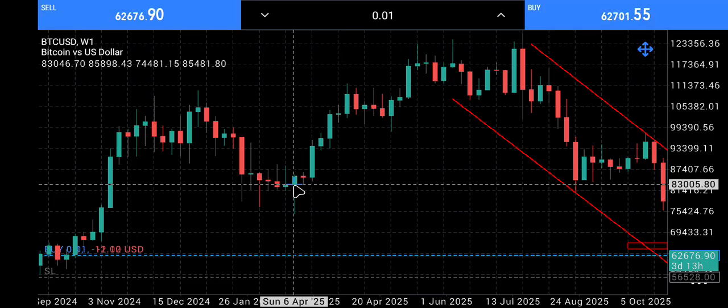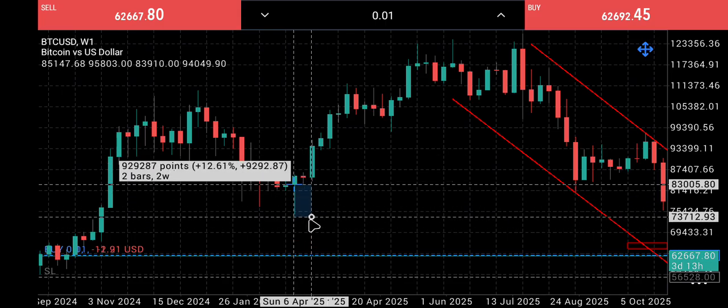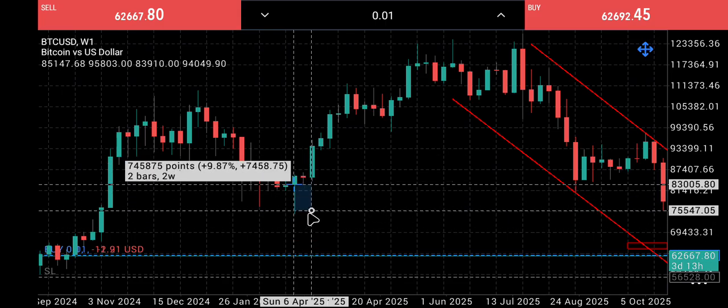When the price opened here, the sellers came in and pushed this price down up to here, right? That's why we are having a very long stick up to this area. And how many pips did the price move down, or how many points?